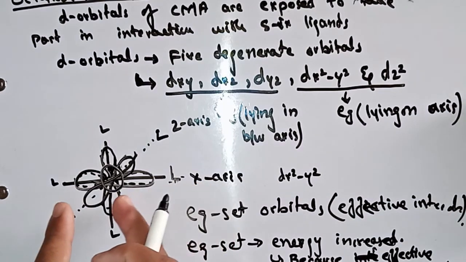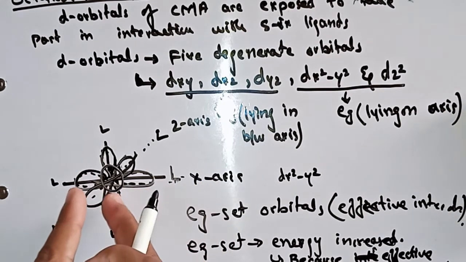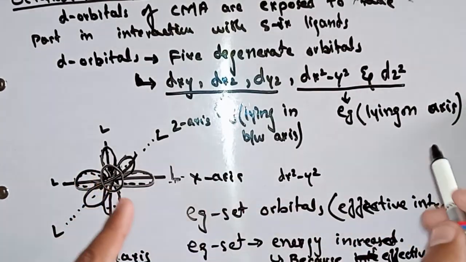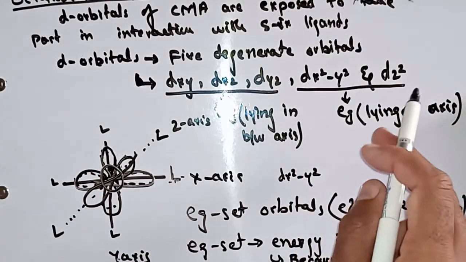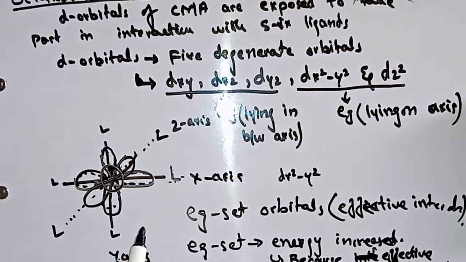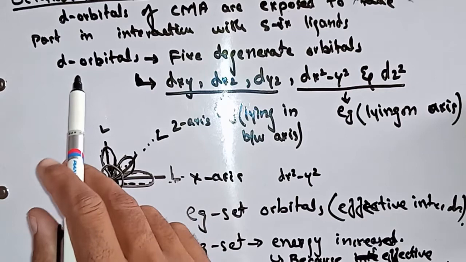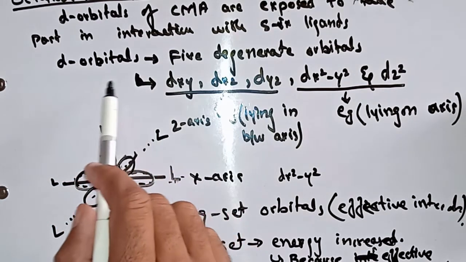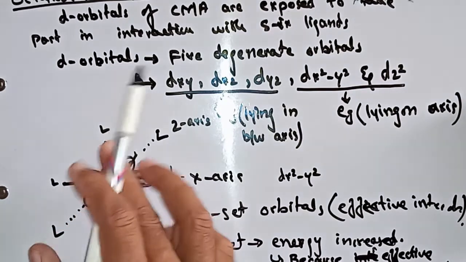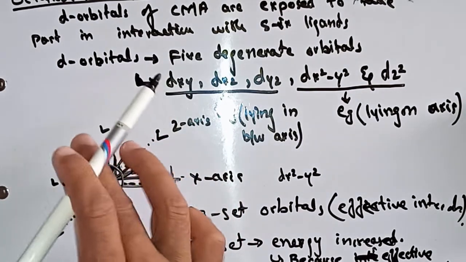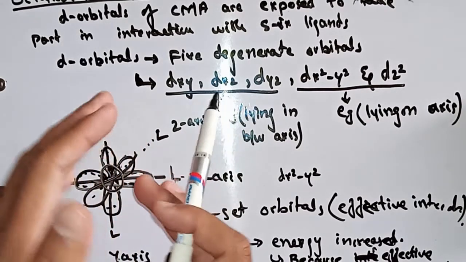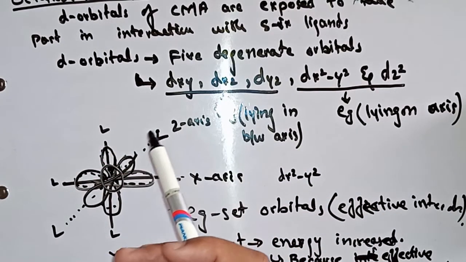As the ligands approach, the energy of the eg set, dx square minus y square and dz square, increases. This means the degeneracy of the d orbitals cannot remain; they will split up.